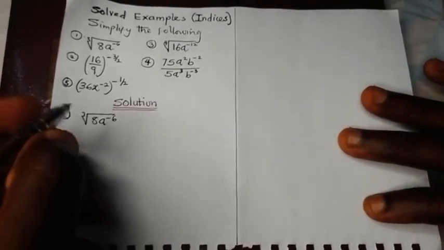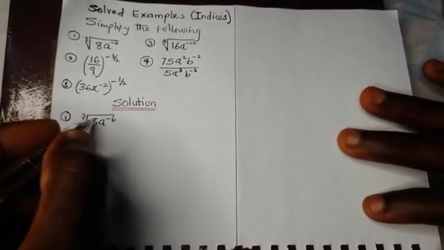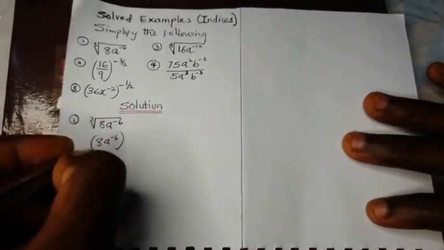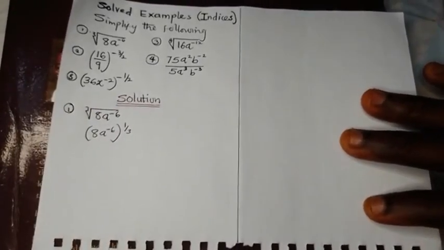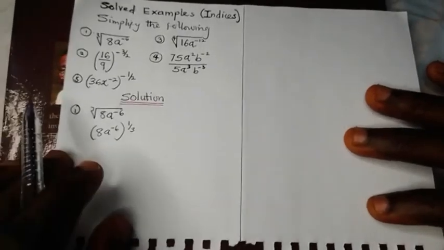Now remember, out of the laws we discussed in the previous video, this expression can be rewritten as 8a raised to the power minus 6, all raised to the power 1 over 3. If you remember, 1/3 is the same thing as the cube root of an expression.